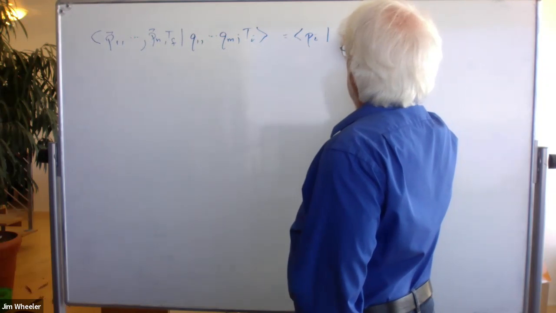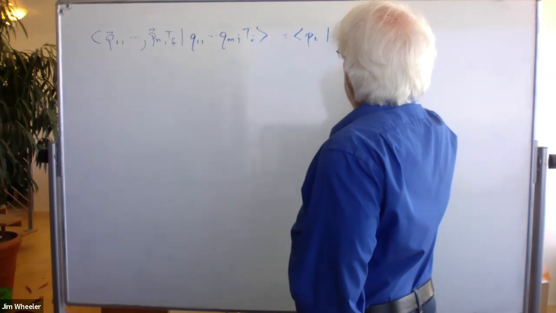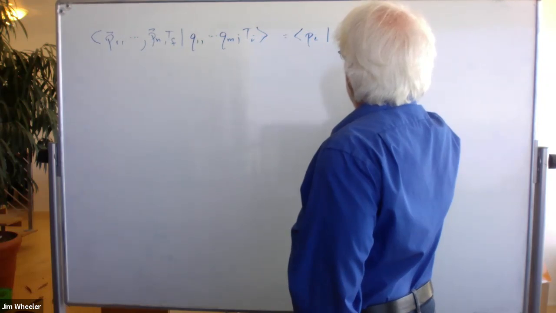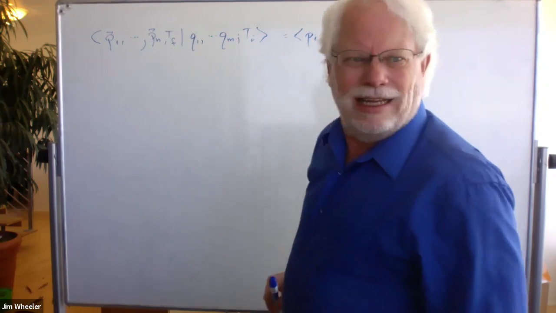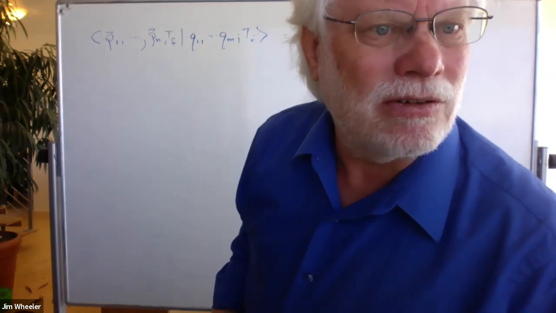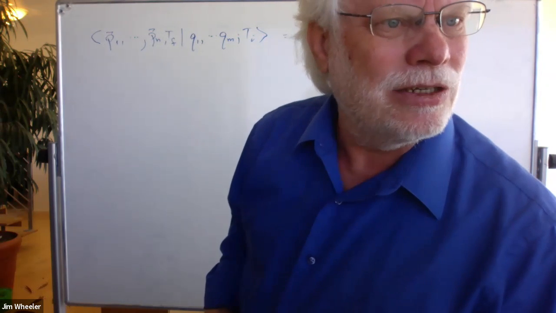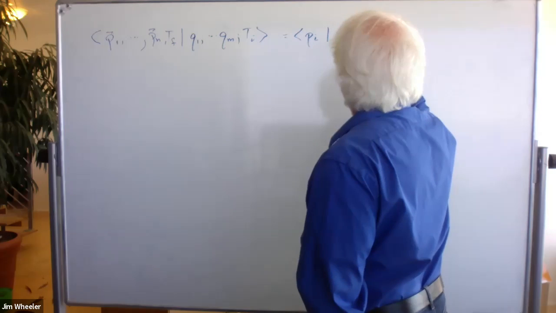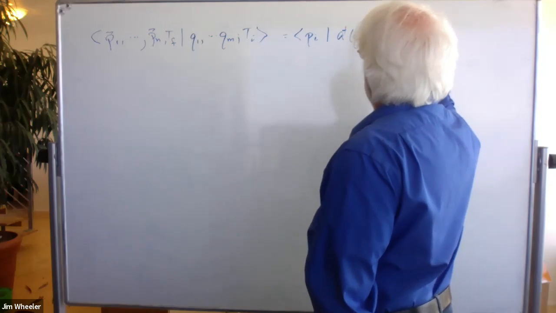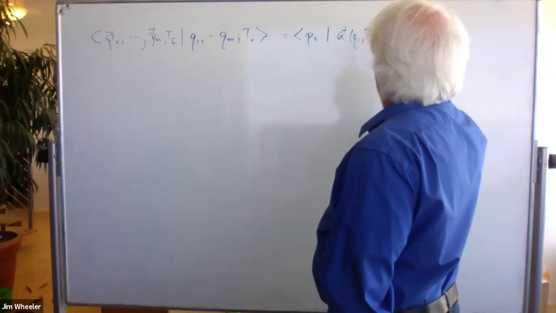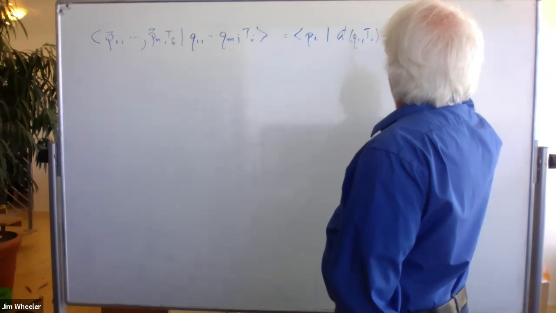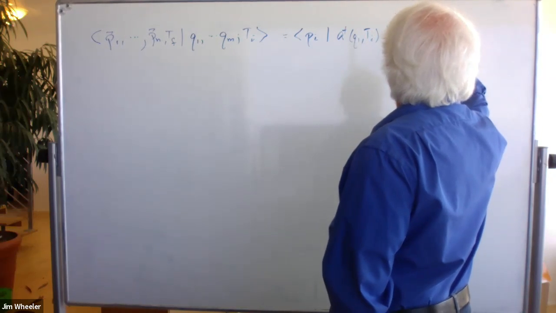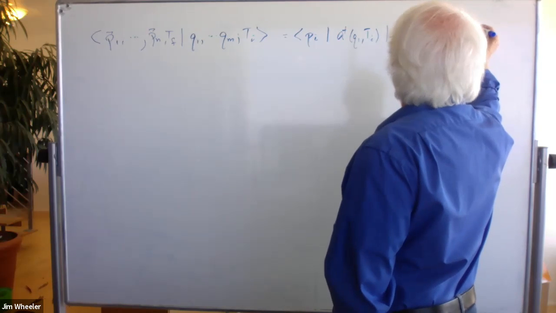Then we have an a dagger of q1. How else do I want to characterize this? Do I need to? Oh, well, just at that initial time, acting on a state that now has q2 through qm at that initial time.